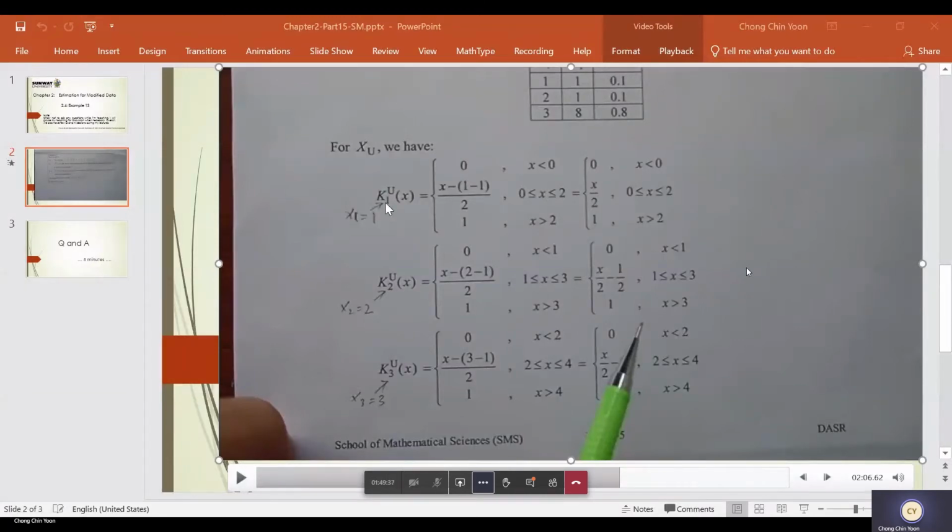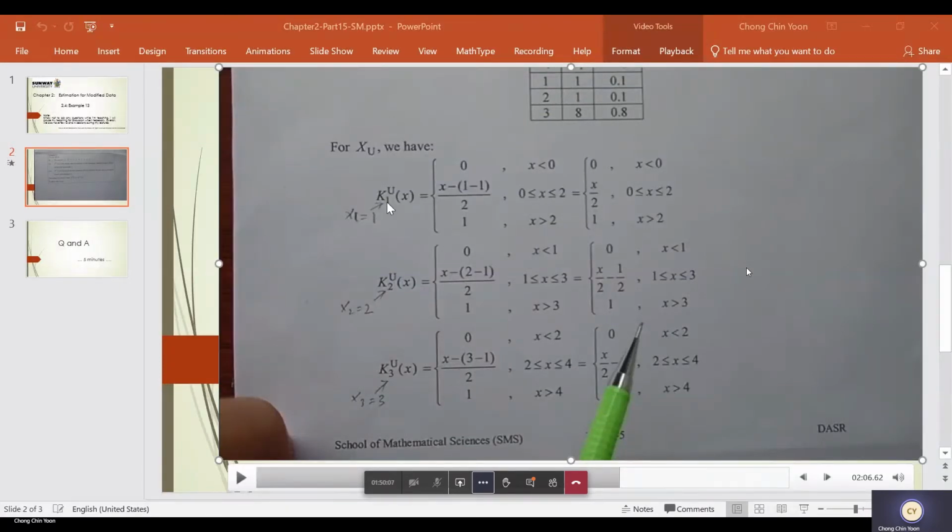Remember, the formula actually is for K of Xi. Somehow X1 is 1, X2 is 2, X3 is 3, just a coincidence, so you may mistake that this K1, K2, K3 is just a reference number. No, in fact, it's not. This one is our data. Our X1 is 1 and so on. Please do not mistake. So all our Xi now become 1.